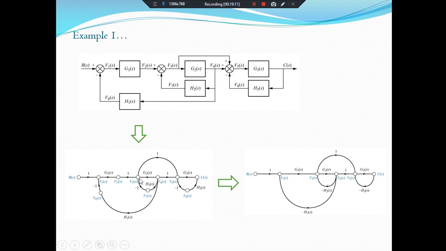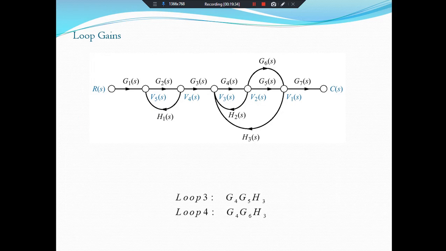So you can say that this is the loop, that it's starting from the same node and ending at the same node. So loop gain will be the product of all the branch gains found by traversing a path that starts at a node and ends at the same node. Okay. So here are the loop gains of this.